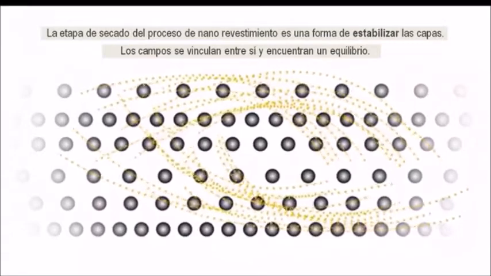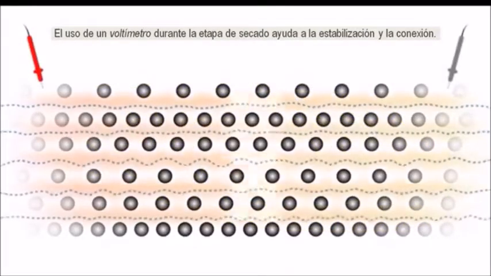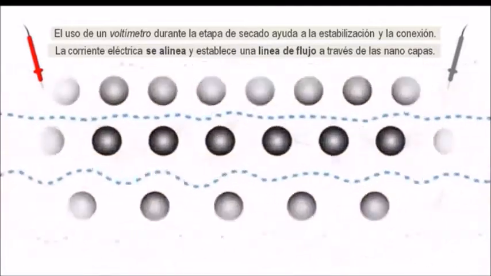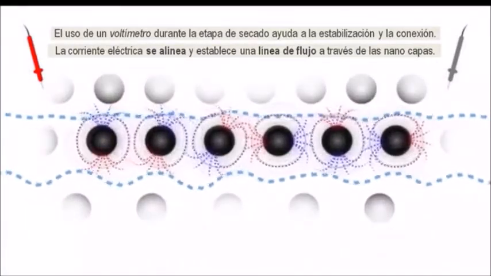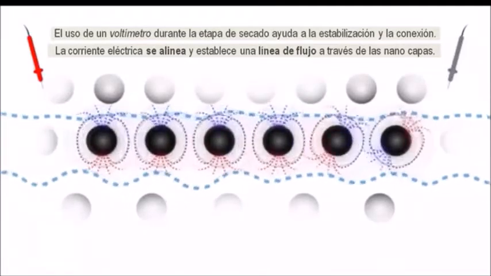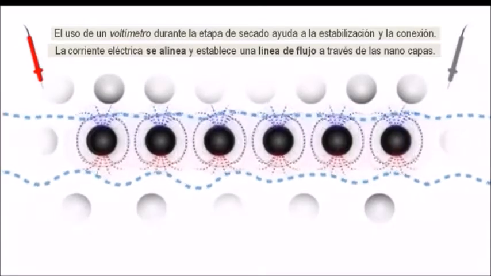We can orientate the fields by putting a voltmeter on a 200 milliamp scale and touching the extremes of the matter state, and that will orientate the atoms and the fields on the surface of the material.